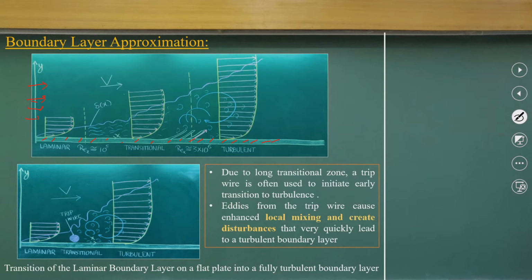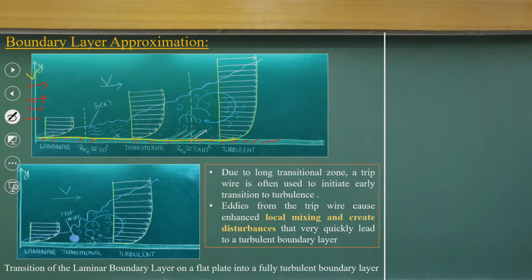So, you have the flat plate, and there is a uniform speed coming with velocity v, and as you know, you will have a no slip boundary condition just on this surface. That is the fluid behavior. So, the velocity of particles at these points will be 0, and the velocity will keep increasing until it reaches the free stream velocity v.